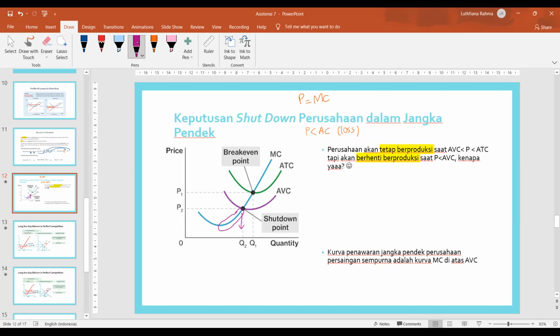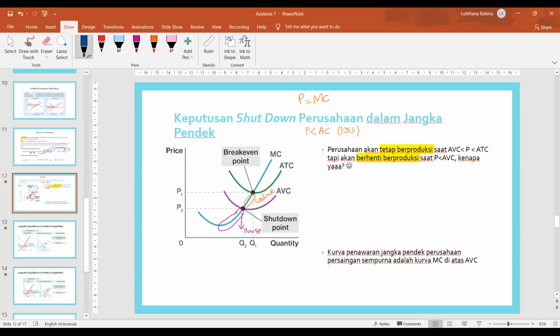They should temporarily stop the production in the short run. If the price is between this position, the firm should continue to produce. Meanwhile, if the price is below the average variable cost, they should shut down, or pause the production.